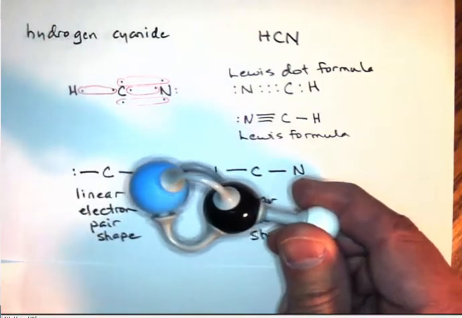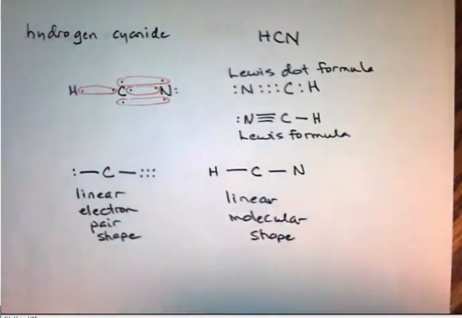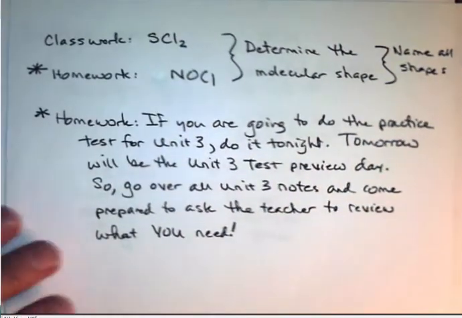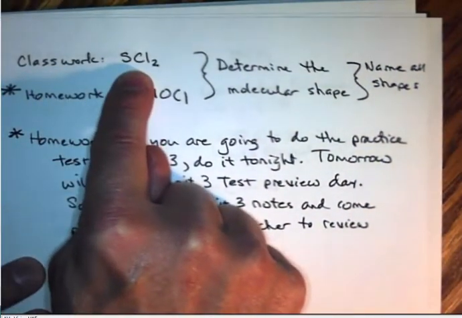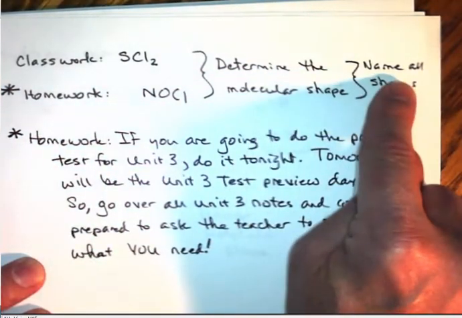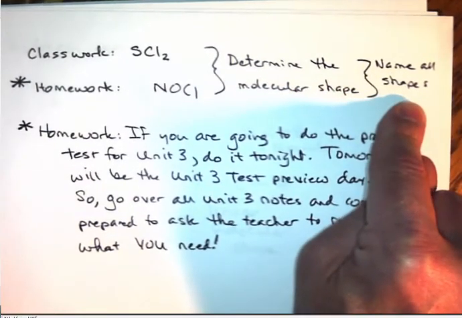What I want to do is, I think you've all written down your homework already, haven't you? So there's one other assignment for you to do in the little bit of time we have left, and that is to find the shape of, using all this stuff, a combination of sulfur and chlorine. So this is class work to do right now. Determine the molecular shape, and let's name all the shapes while we're doing it to emphasize what the names of these 3-dimensional shapes are.